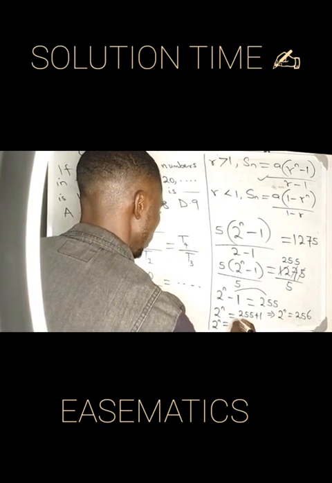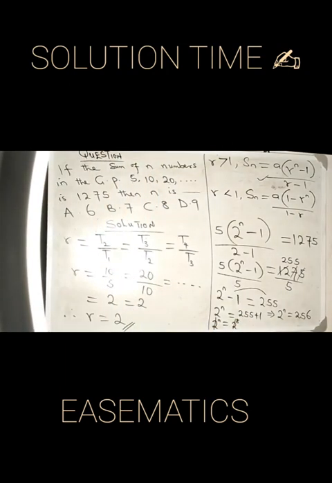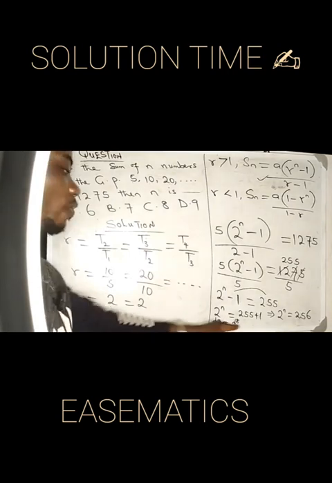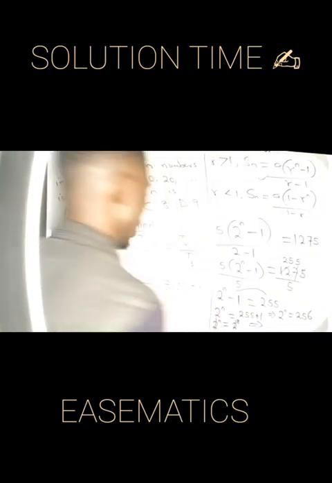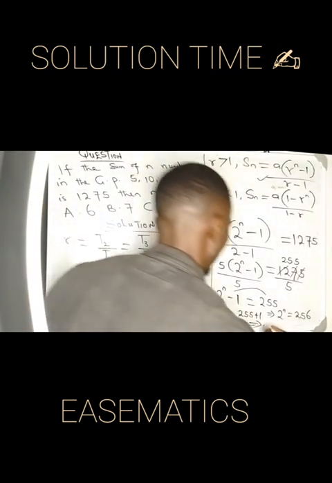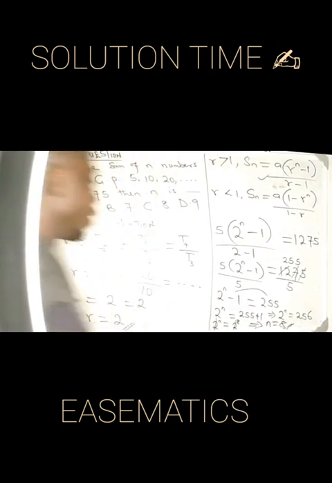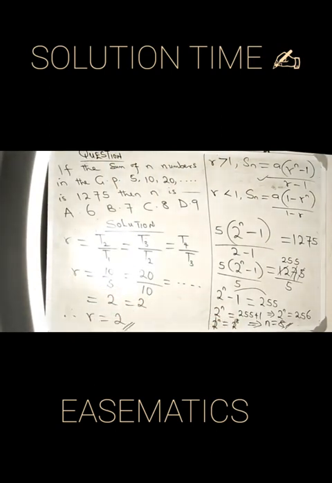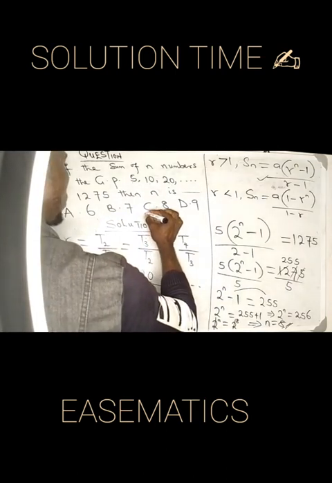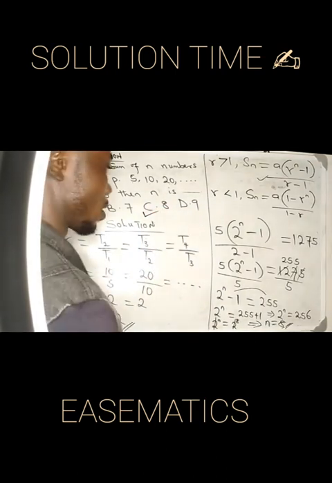They have equal bases of 2, and according to the law of indices, they can cancel out, and here we have finally that n is 8. Therefore, this GP has 8 terms. Option C is the correct answer.